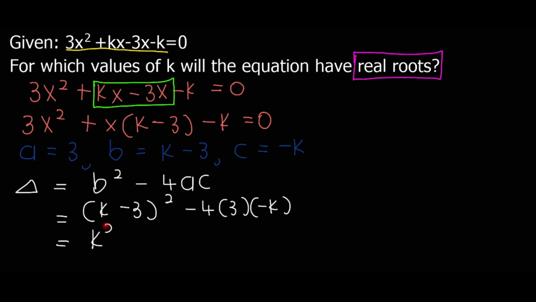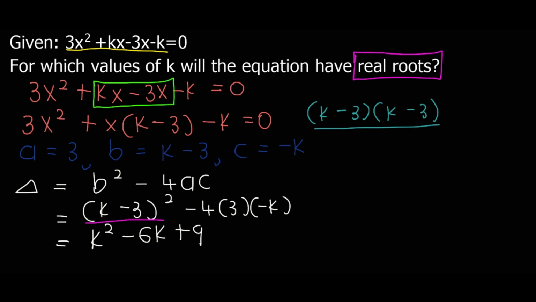Moreover, K squared and then minus 6K plus 9, remember we do it in this way: k minus 3 and then k minus 3. From there we multiply the brackets and then we group the like terms.